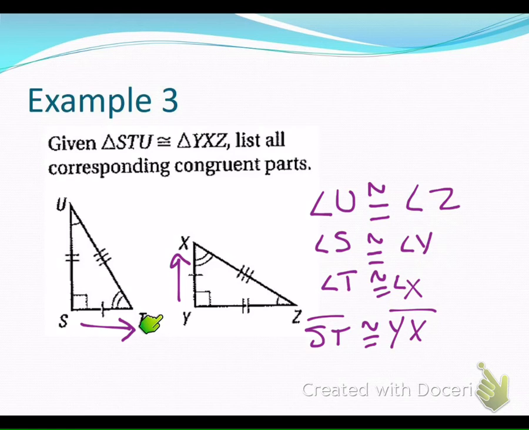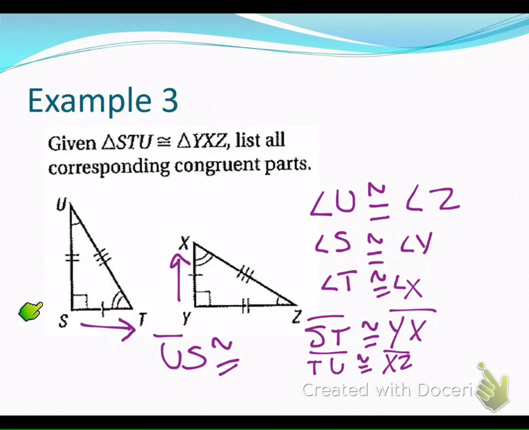All right, then I'll just keep going around. So TU. So TU would be XZ, good. And then the last one would be back down. So US. All right, over here, US.